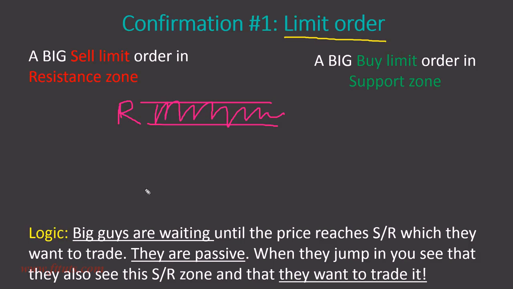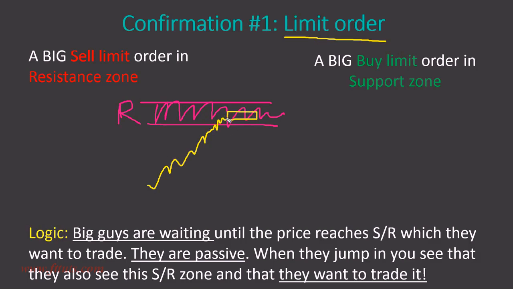So the price is moving upwards towards your resistance zone. It hits the resistance zone, and in that zone you want to see a big limit order somewhere in that zone, a big limit order which would tell you that somebody big was waiting there in that resistance zone, waiting until the price reaches it, the same as you, but you need somebody big, some big trading institution, alright?